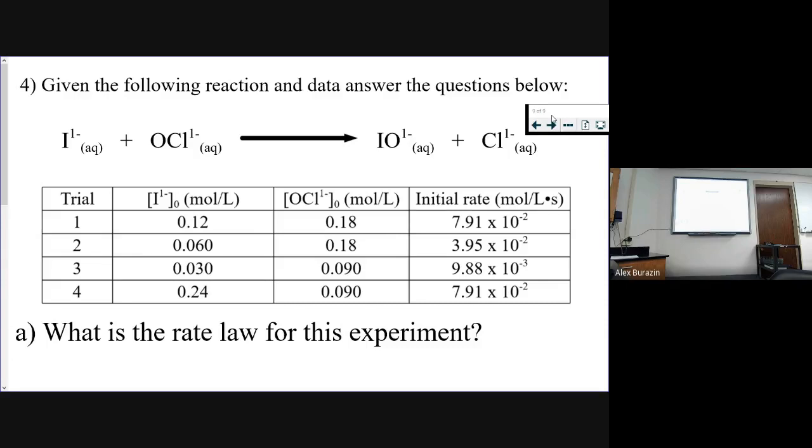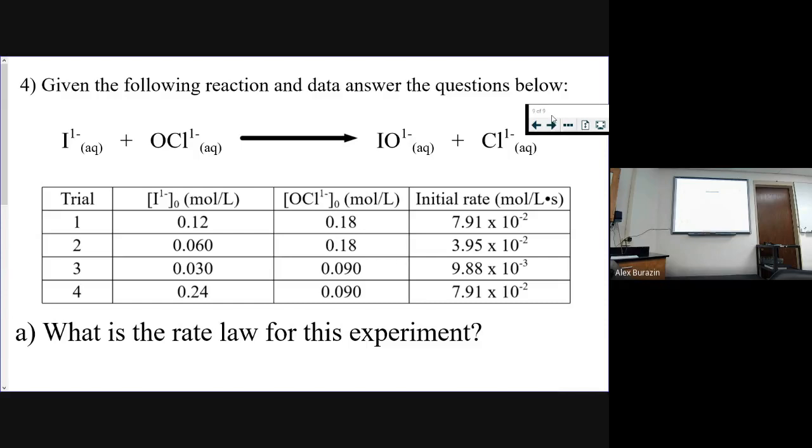We give you different data, but we can still talk about this idea. So let's go right here, from trial 3 to trial 2.